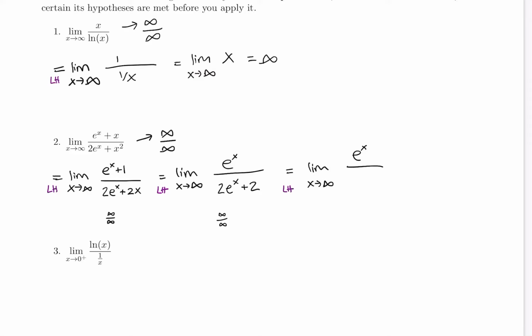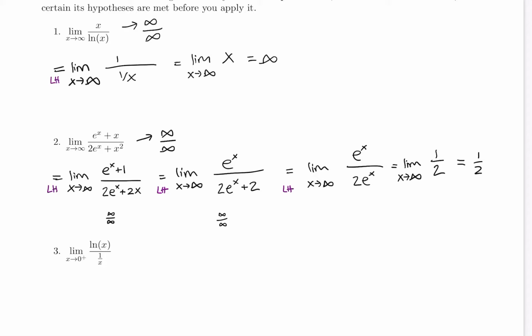The derivative of e to the x is e to the x. Now in the denominator I have 2e to the x, and I can see those other terms have just disappeared. And now I don't have to use L'Hopital's rule because I can cancel these e to the x terms, and I get 1/2. And that will actually be my final answer.